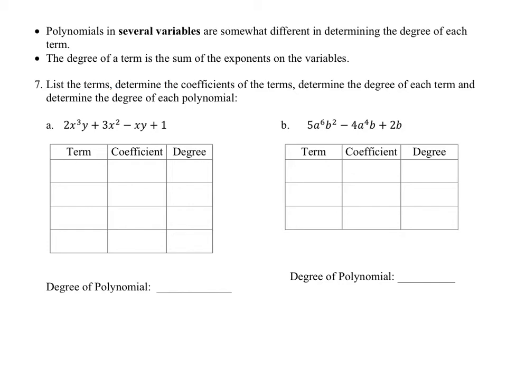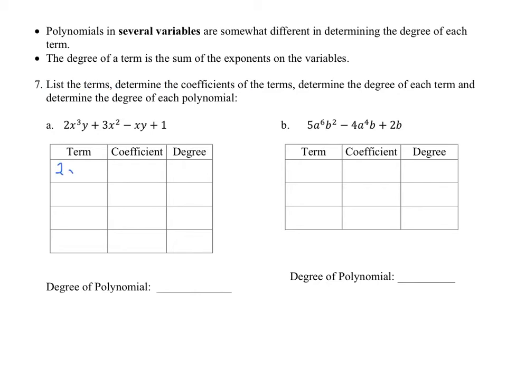Polynomials in several variables differ in determining the degree of each term. The degree of a term is the sum of the exponents on the variables. So here we go. Again, we're going to list the term, list the coefficient, list the degrees, and then determine the degree of the polynomial.